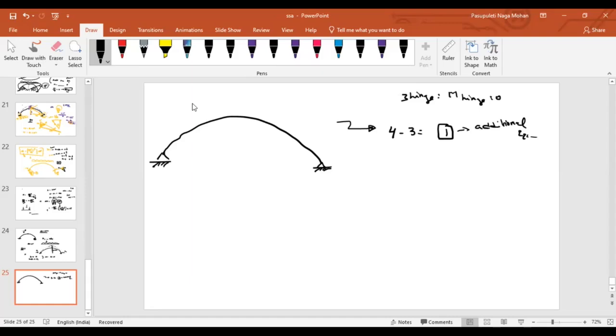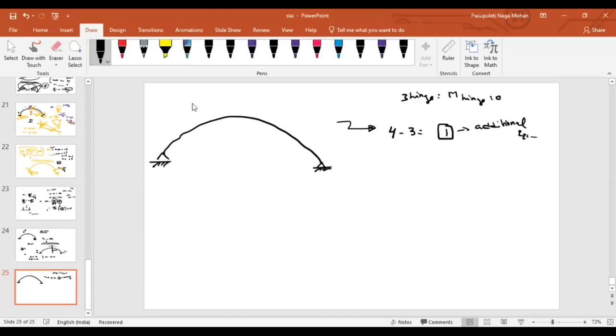Now, my advice is that if a 2-hinged arch is given, there are some standard cases that we have to learn by heart. Other than the standard cases, if they give anything else, it will just be a waste of time to solve this problem. Why? Because it's not completed in 1 minute, 1.5 minutes or 2 minutes if it's not a standard case, and there is a possibility that people will commit a lot of mistakes.